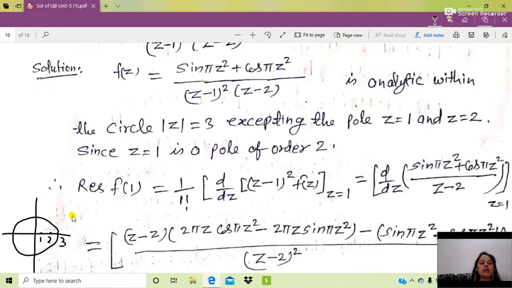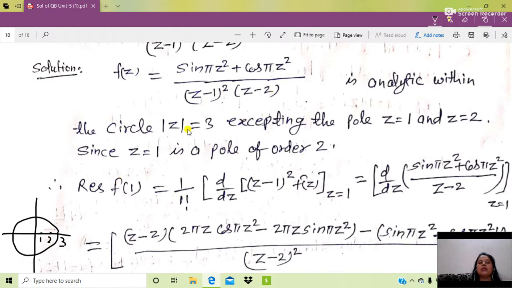As we can see from the diagram, both poles are inside the circle |z| = 3. Since the circle has radius 3 and center at (0, 0), both the points 1 and 2 are inside the circle C.